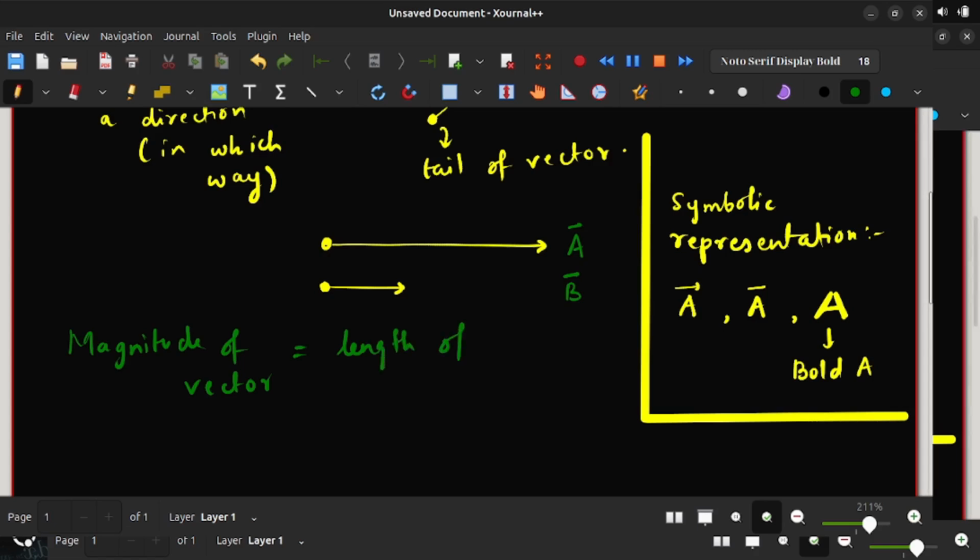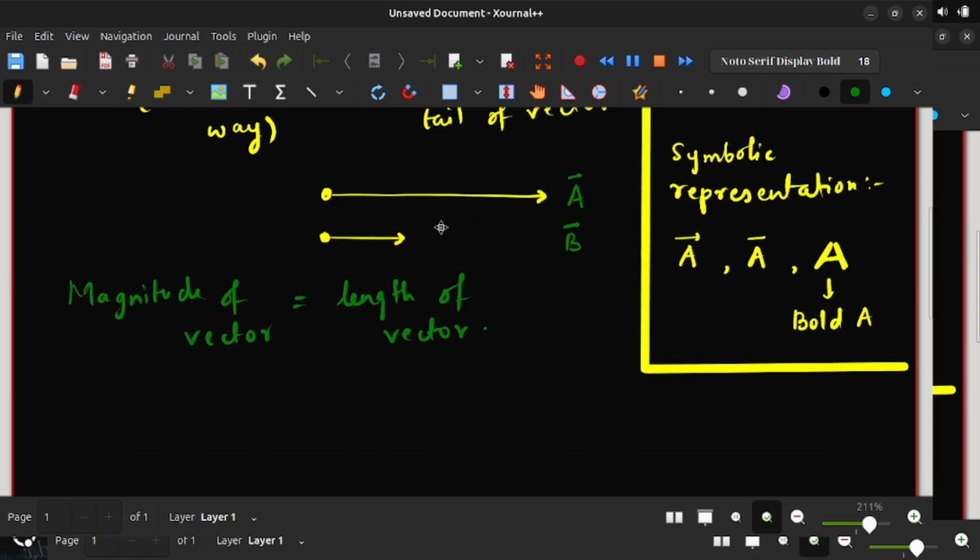The length of the vector. If this is so, then right away you should say that the magnitude of A is greater than the magnitude of B. Yes or no? The magnitude of vector A is greater than the magnitude of vector B.